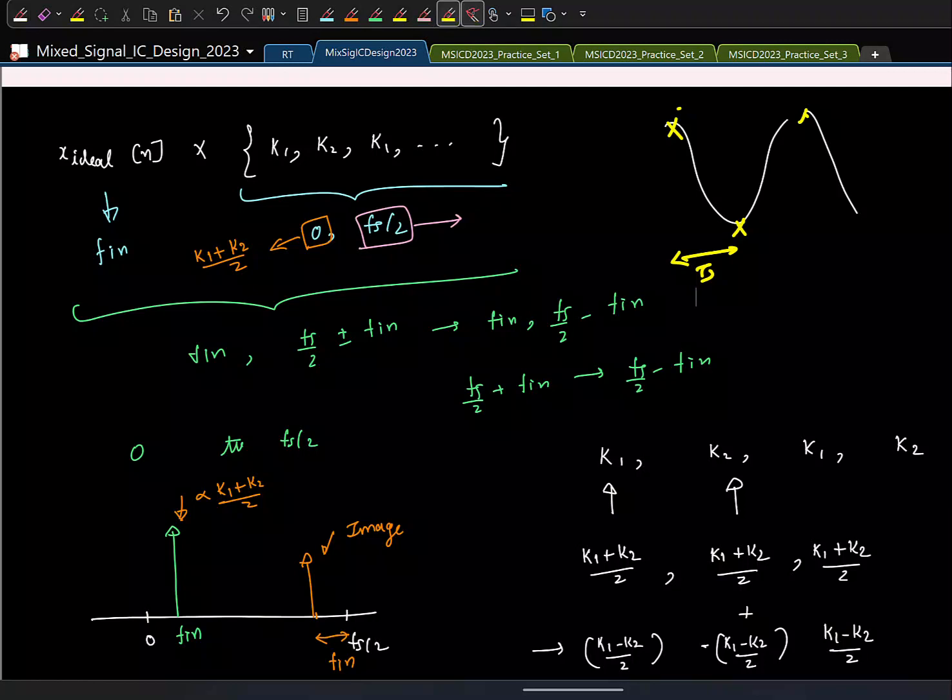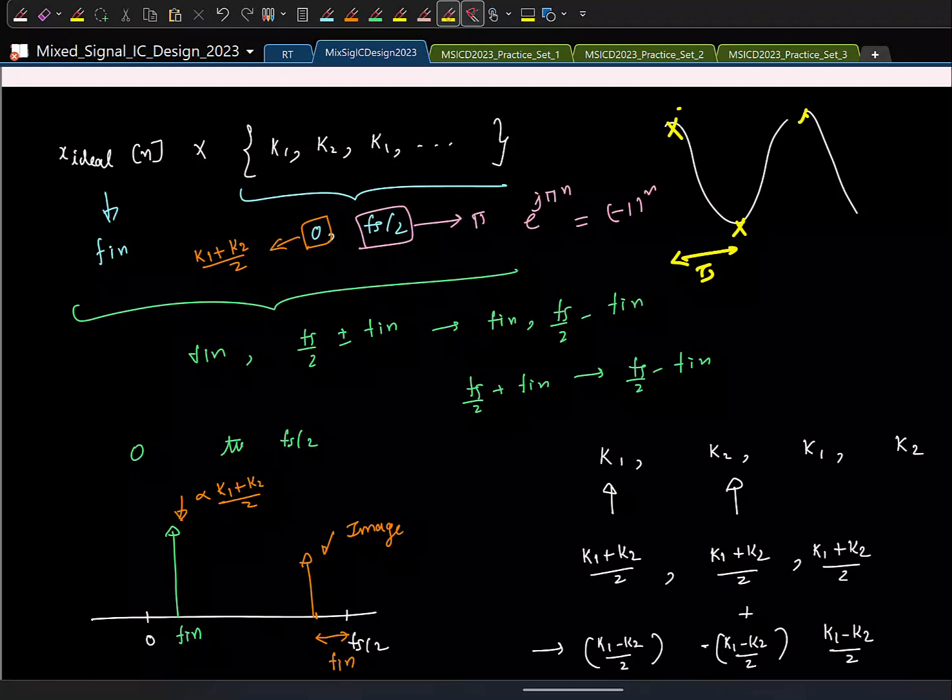What is the discrete time frequency for fs by 2? Pi. So a sinusoid at pi, e power j pi n, what is it? It's minus 1 power n, right? So whenever you have alternating signs, 1 minus 1, 1 minus 1, that is indeed a tone at pi, or you can think of it as a sinusoid at fs by 2 being sampled at fs.